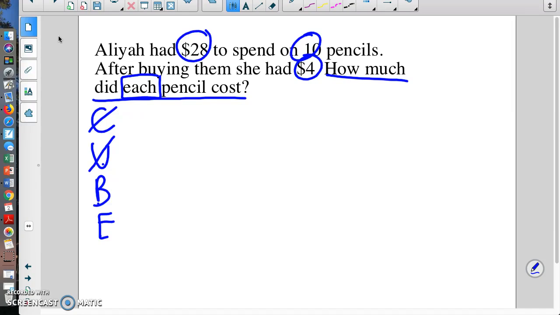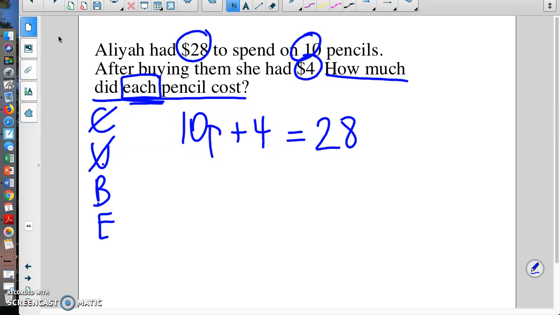So there's a couple ways you can do this. One way is you can say, okay, the total is $28. So if I add the $4 that I had left over plus the 10 pencils, I need to know how much each pencil was. You could write it that way.